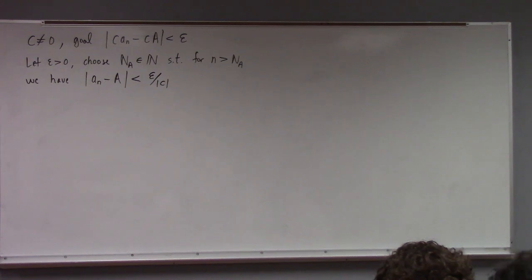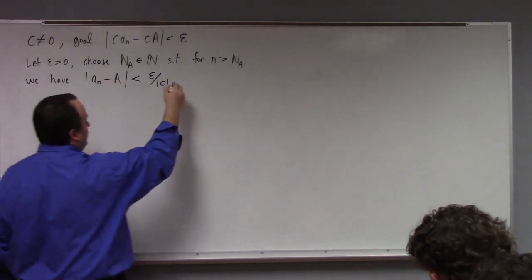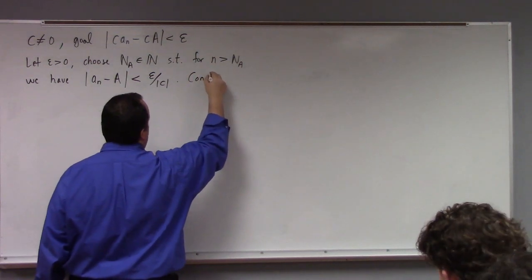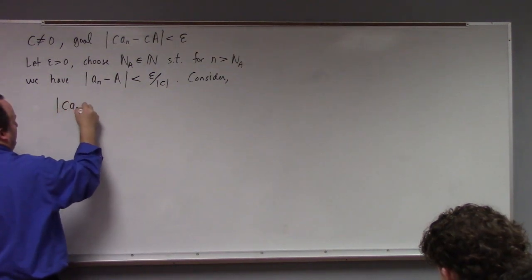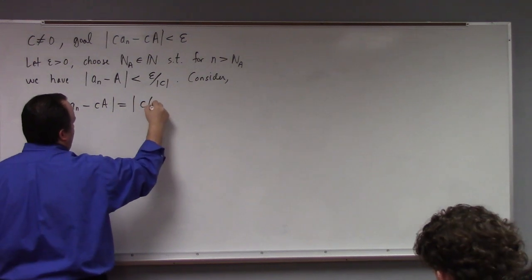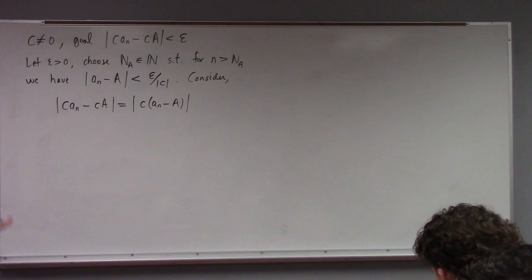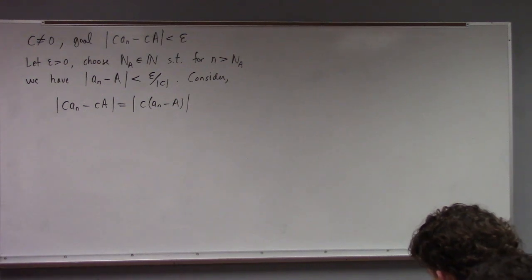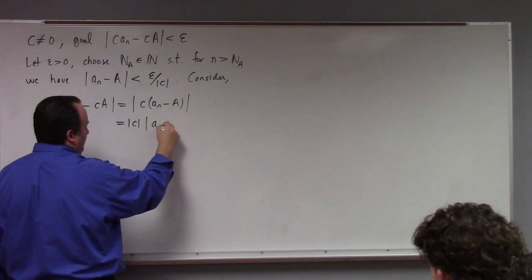Very good. So that's what we're gonna assume, right? So then consider the absolute value of c times a sub n minus c times big A, which is equal to the absolute value of c times the difference of a sub n and a. All right, which then by properties of absolute value is equal to the absolute value of c times the absolute value of a sub n minus a.